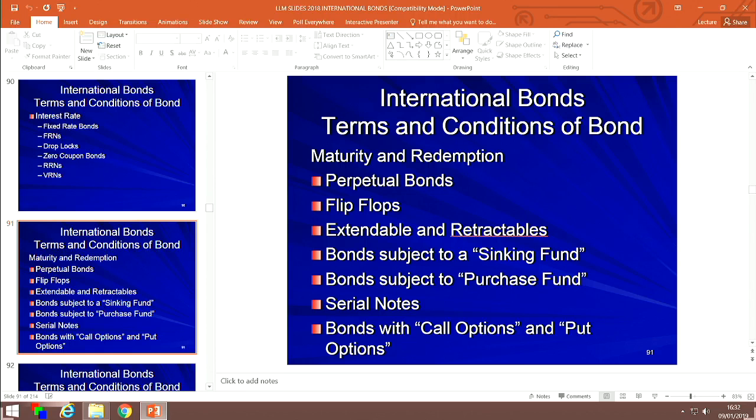But during a window of time, say, years 5, 6, and 7, or years 15 to 20, the issuer was given a right to convert the perpetual bond into a bond with a redemption date, if it so wished. So that was clause 1, which said you may convert the perpetual bond into a bond with a redemption date by exercising your right under this clause.